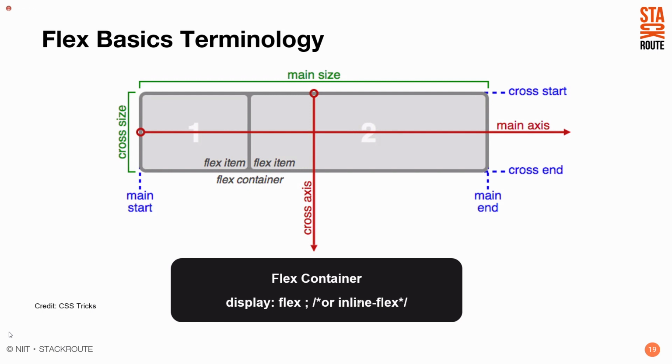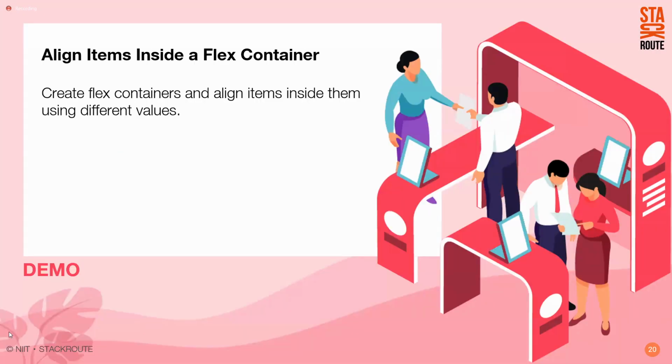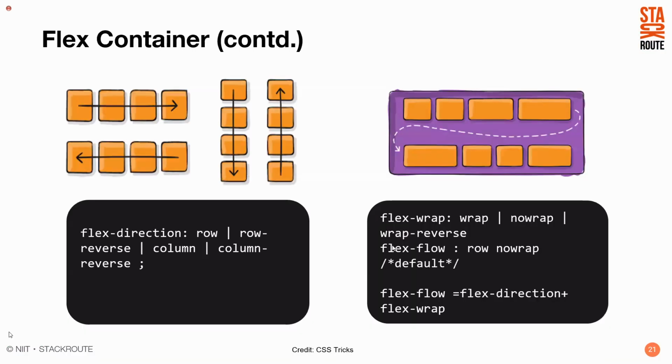Let me complete the flex container and flex item properties, and then we will have an example. Let us align the items inside the flex container using different values. Before going into the example, let's explore a few more properties.